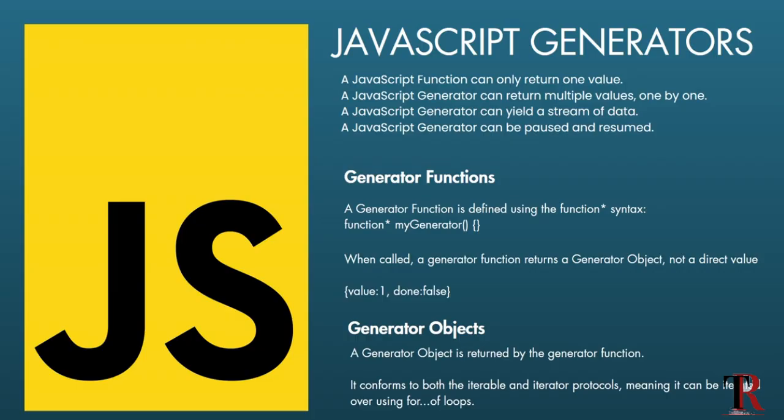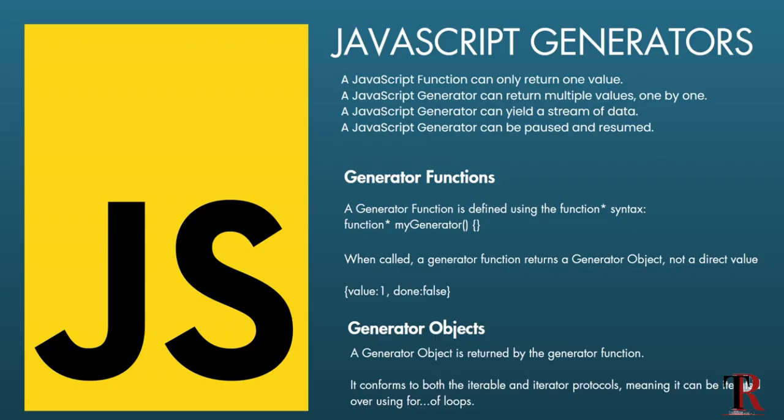So the done property can either be false or true. And then the value property allows the iteration to be done on whatever it is that you want to iterate over. So now, they are saying that a generator object conforms to both the iterable and iterator protocols.